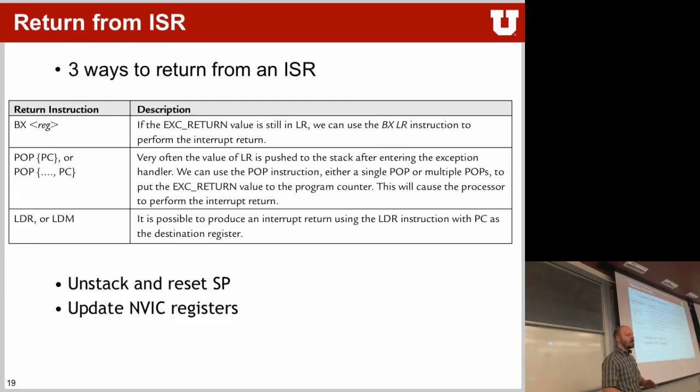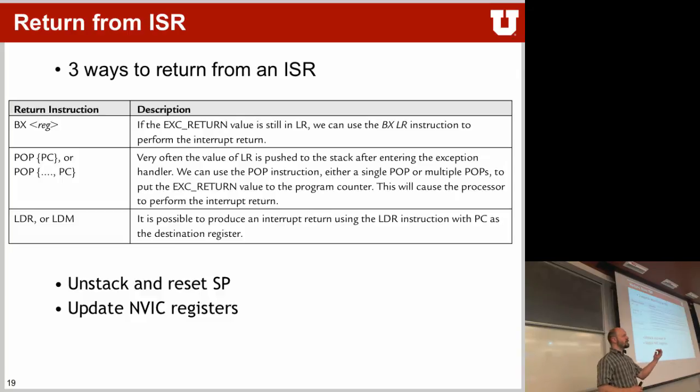Okay. 3 ways of getting out of your interrupt service routines. As you notice, the LR has this weird EXC_RETURN value. What you can do is branch to the link register, which will tell the microcontroller, oh, we are actually returning from an interrupt, and it will revert what it did before in the inverse order, and jump back and execute again from where it left off.